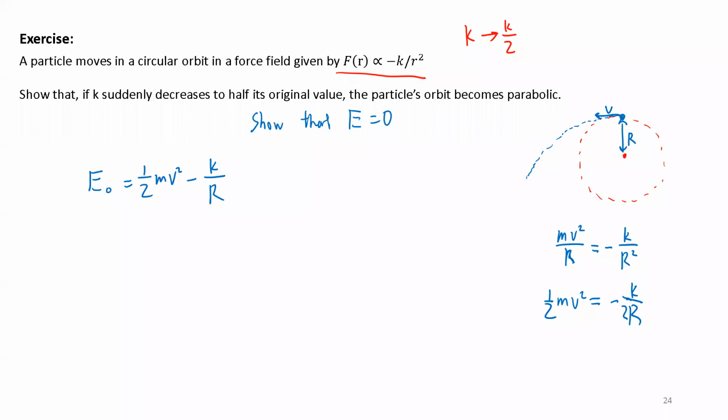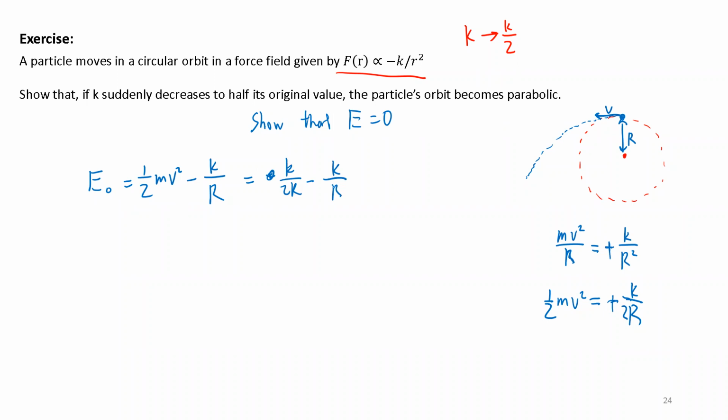Initially, my energy is this; here I just consider the magnitude, so there's no minus. So it's k divided by 2r minus k divided by r. So this is what we have initially.